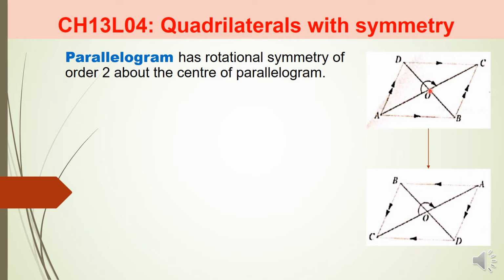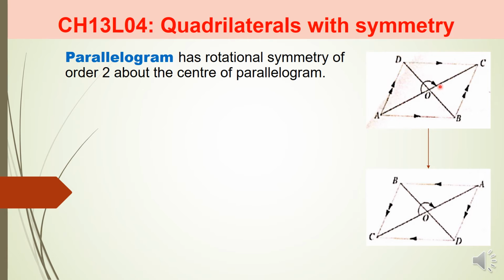And for the line symmetry, we cannot use the diagonal as the line of symmetry. I think you should draw a line that passes through this point, and then draw the line parallel to AD, so it can make a line of symmetry.